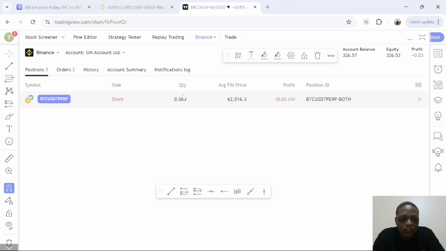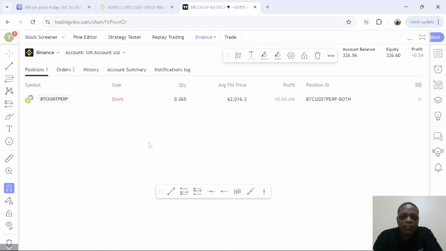This is the quantity that we have invested in the trade, and this is our side of the trade. We are thinking Bitcoin will drop to $61,594, and if Bitcoin drops to $61,594, we are going to make a total profit of $29.